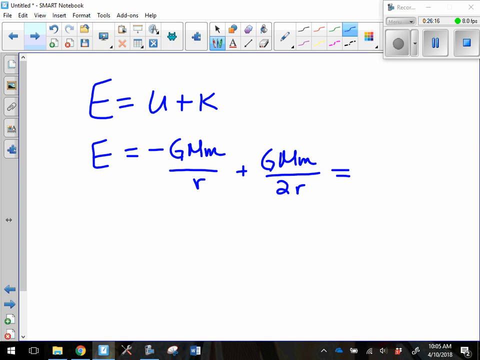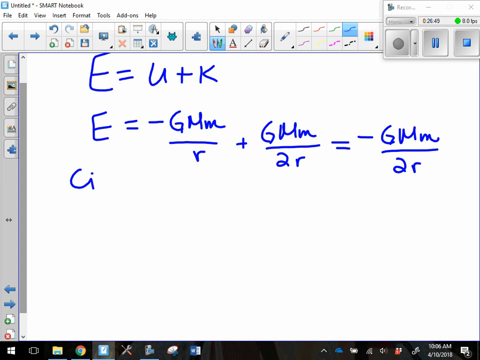So what does this give me? It's going to give me negative GMm over 2r, which is actually the negative of the kinetic energy. So remember, this is a circular orbit.